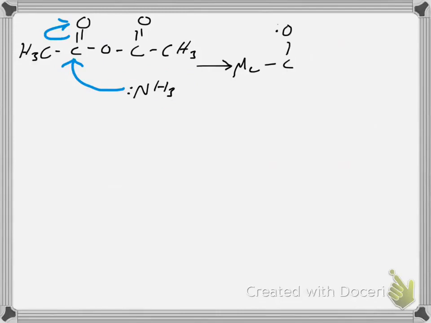We'll draw on the electrons here on this oxygen, 3 lone pairs of electrons, and a negative charge. And of course, this is still connected to an oxygen, another carbonyl carbon. That carbonyl is maintained, and a methyl group.